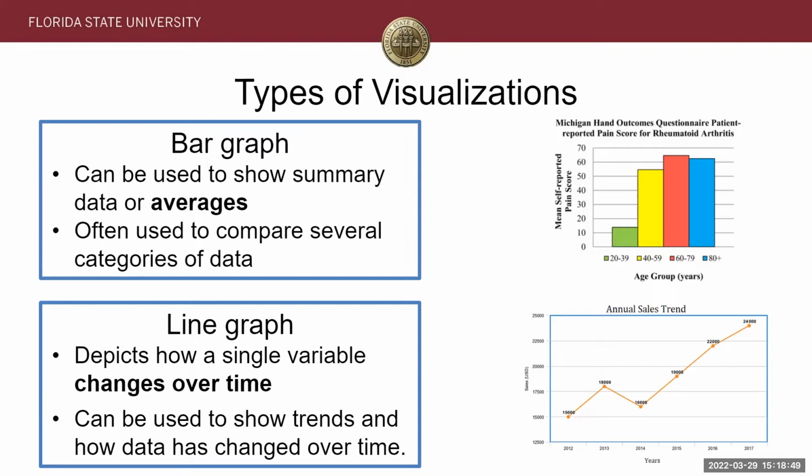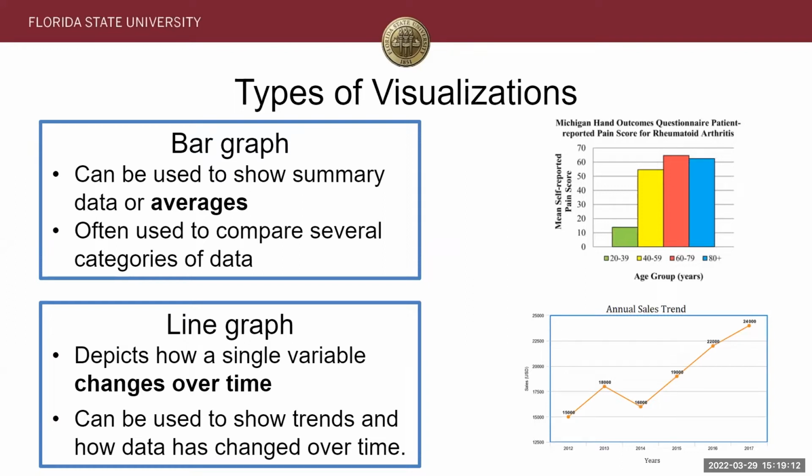One axis presents the categories being compared. In the case of this chart on the right-hand side, we're looking at age groups: 20 to 39, 40 to 59, 60 to 79, 80 plus. So it shows those categories.